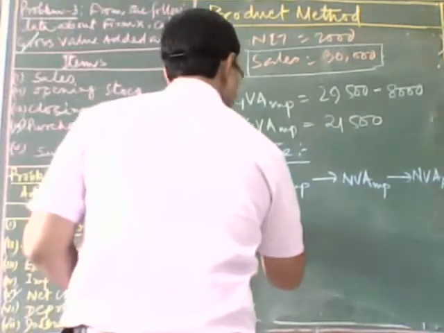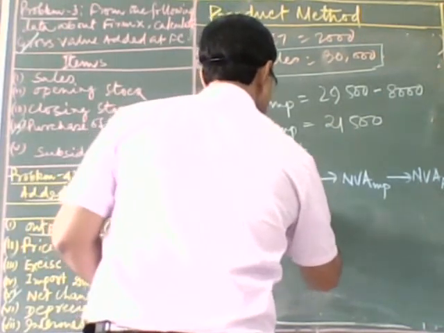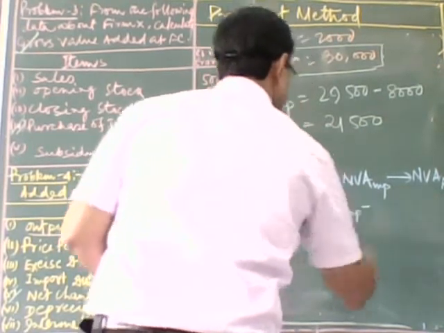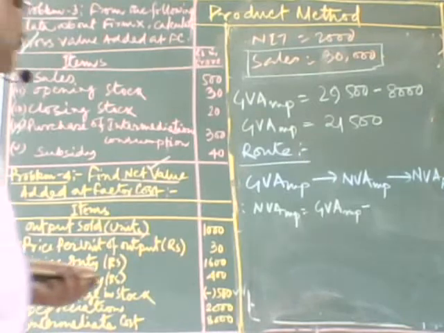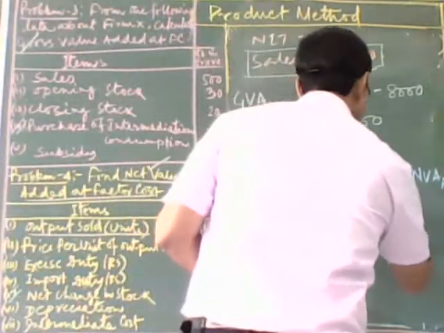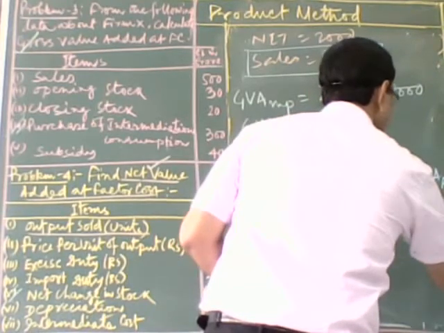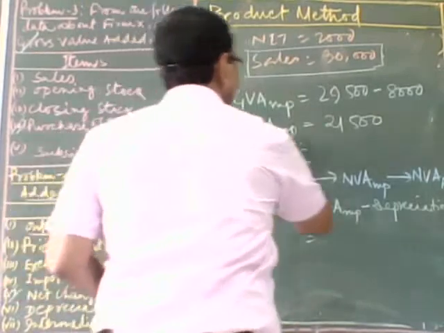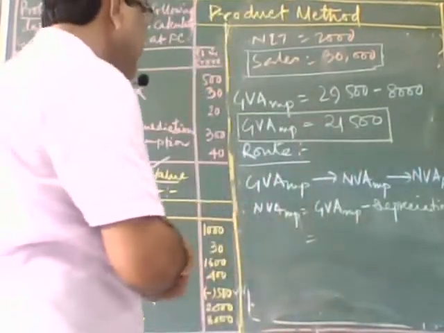Therefore, NVA at market price is equal to GVA at market price. Here relation is gross and net, so the bridging component is depreciation. So net is equal to gross minus depreciation. Already we have calculated the GVA at market price is 21,500.